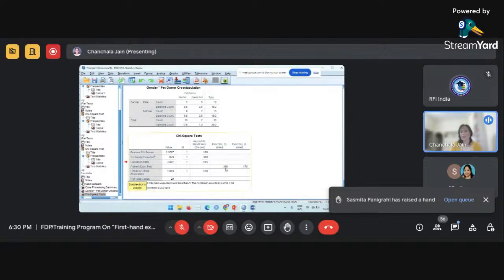So it is greater than 0.05, right? So that means you cannot reject your null hypothesis, and the null hypothesis says that pet ownership is independent of gender. That means gender has nothing to do with pet ownership. Whether it is a male or female, they can own a pet, right? So this is the conclusion of this particular chi-square test table.